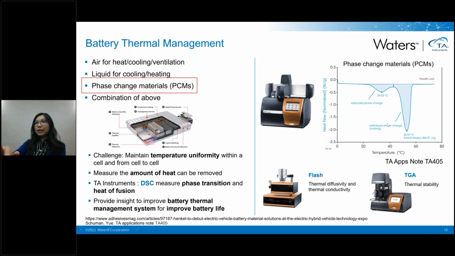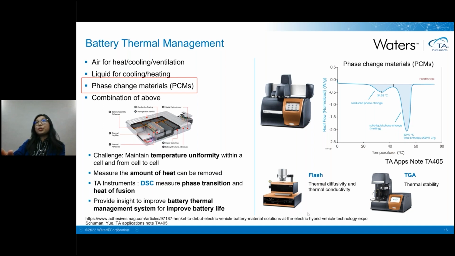As I mentioned, you can see the solid-solid phase transition occurring, and the total enthalpy involved in this process is 202 joule per gram. That is how much heat can be removed from the battery by the battery management system. With different parameter settings, this allows you to improve the battery's safety and use it to predict how the battery will perform as well.